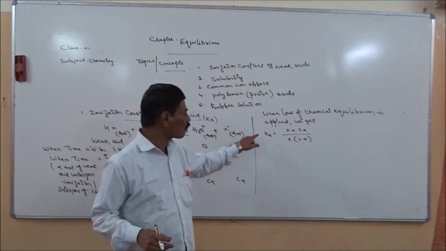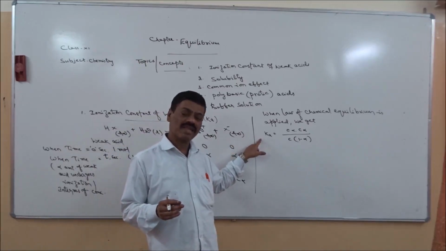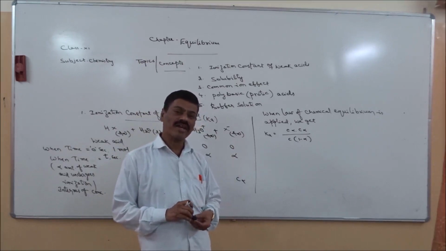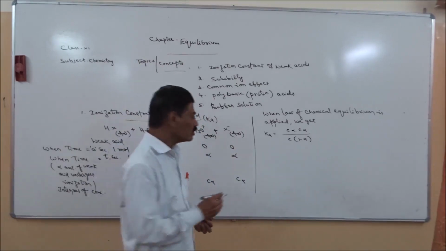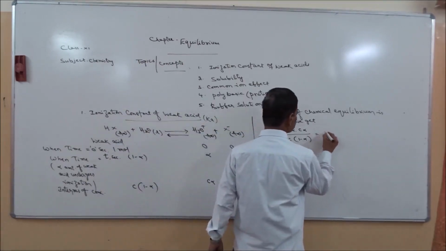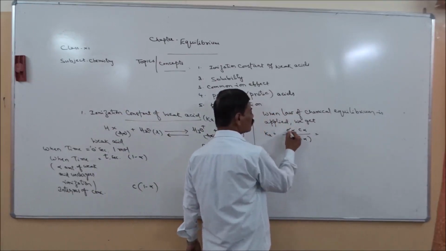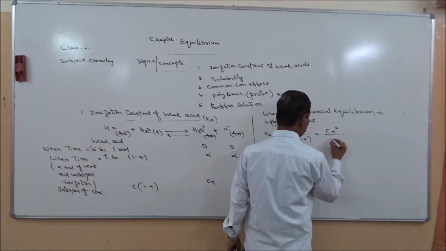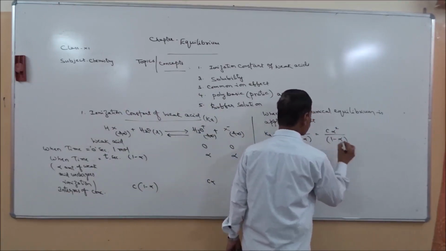Here Ka stands for the dissociation or ionization constant of the acid, as taught in the previous session. Now C gets cancelled, so you will get C alpha square divided by 1 minus alpha.